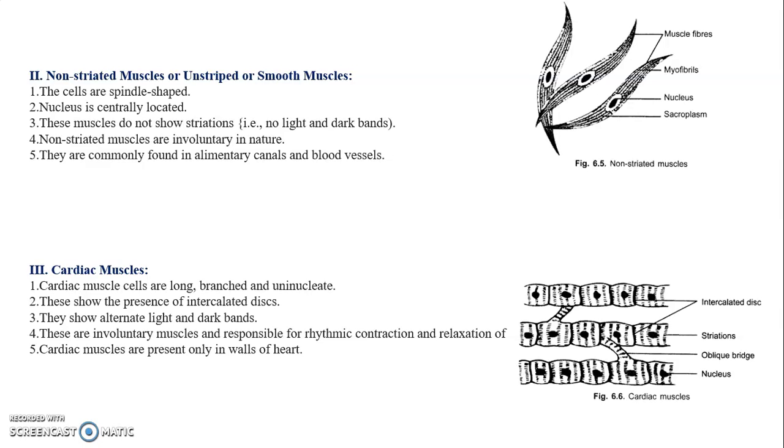This is the appearance of cardiac muscles, where intercalated discs are present, which are shown here, and this oblique bridge connects the subsequent cardiac muscle cells with one another for vigorous activity, and the nucleus is shown here in the cardiac muscles in this figure.